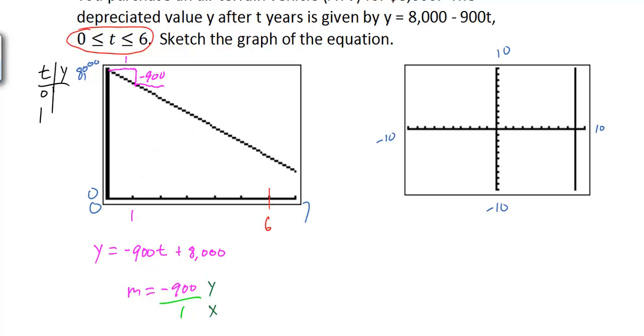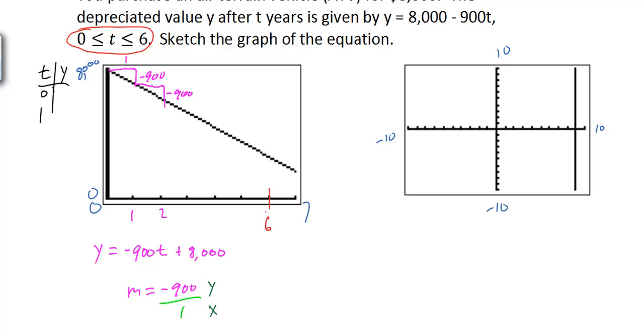And if we go over another year and down, it's going to decrease another $900. So after 2 years, it will have decreased by $1,800. And what we're saying is every year, based on this negative 900, we're going to decrease the value of the ATV by $900 every year.